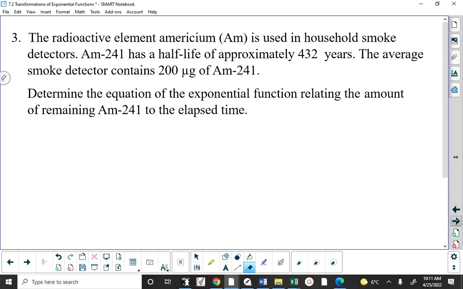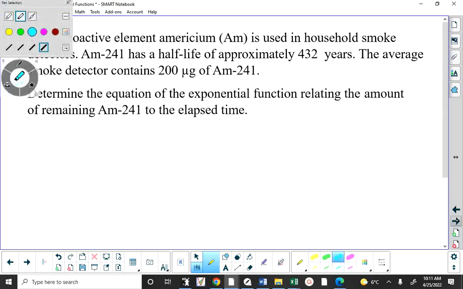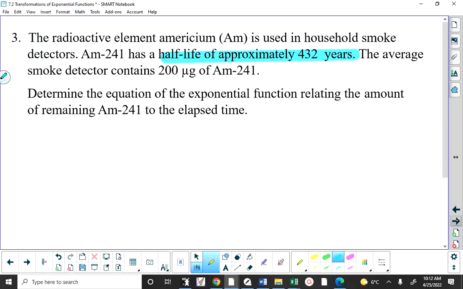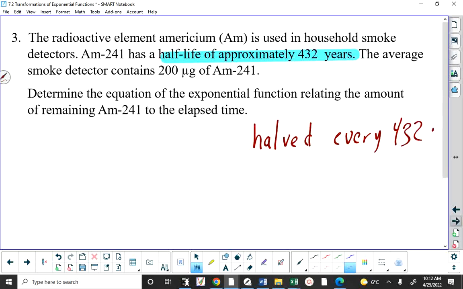So what you need to know now is what this means. It used to be in a Math 30 class, they would always tell you what it meant, and now they're not doing it anymore on exams. It means it's halved every 432 years. And we use the symbol A for years. It means annum.